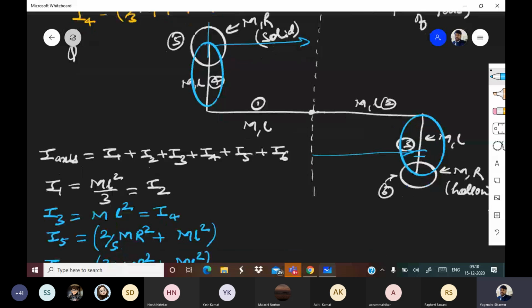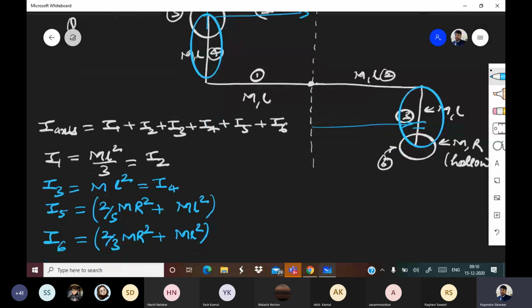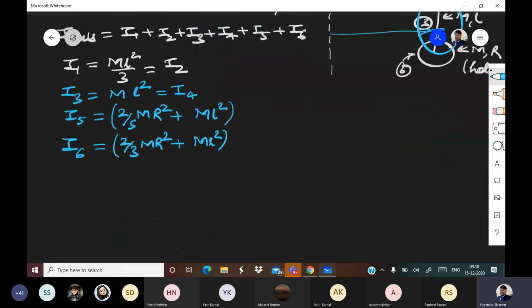So let me put values in I axis. That will be ml square by 3 plus ml square by 3 plus 2 by 5 mr square plus ml square plus 2 by 3 mr square plus ml square. Let me take ml square common: 1 by 3 plus 1 by 3 plus 1 plus 1. 1 by 3 plus 1 by 3 is 2 by 3, and 1 plus 1 is 2.